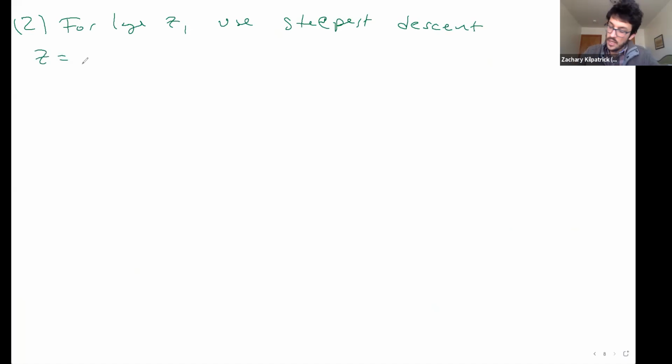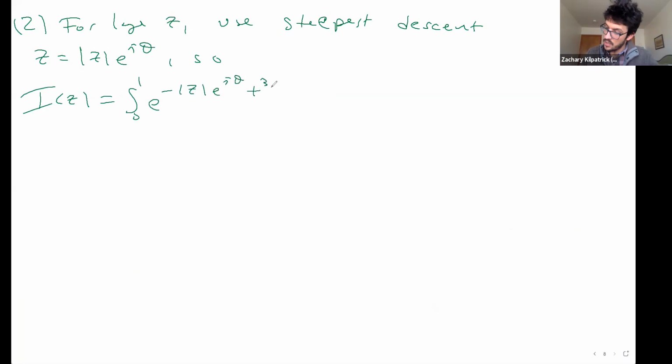And we'll define z as magnitude of z e to the i theta, okay? So I of z is equal to the integral from 0 to 1 e to the minus magnitude of z e to the i theta t cubed dt, okay, for z large, magnitude of z large. Now we can show where there's a saddle point in this case.